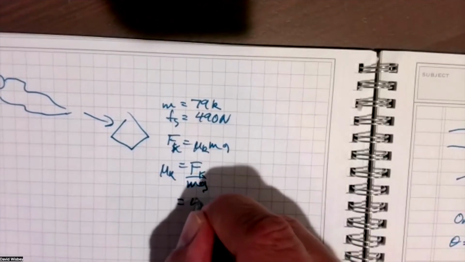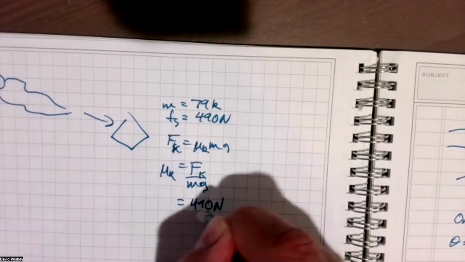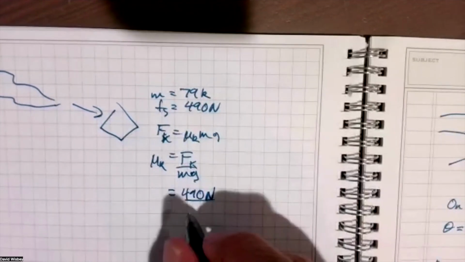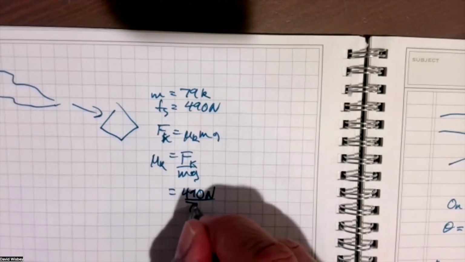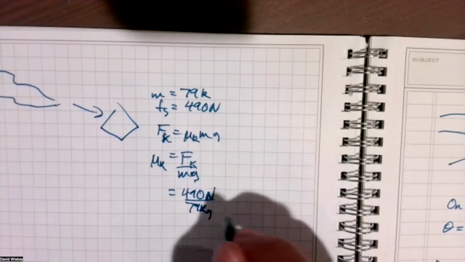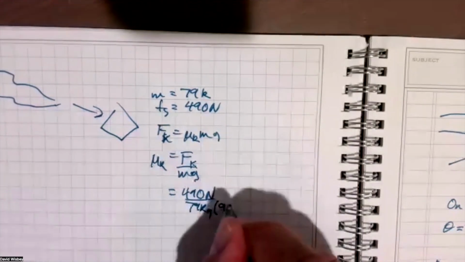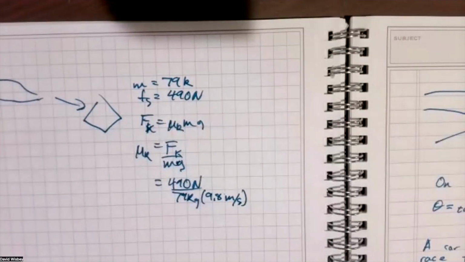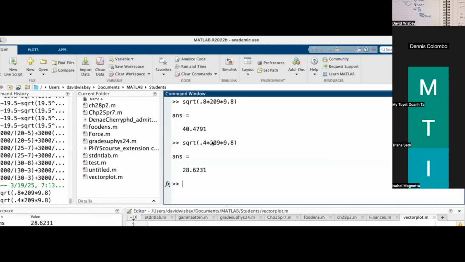The frictional force is 490 newtons, and the baseball player's mass is 79 kilograms times 9.8 meters per second squared. Okay, so he's sliding. Let me share my screen. We'll go to MATLAB real quick, and I will put these numbers in.